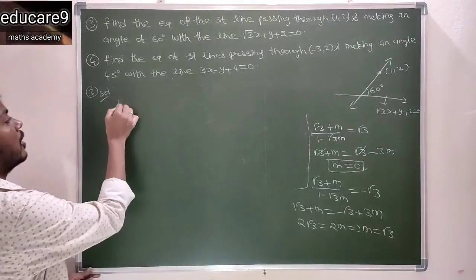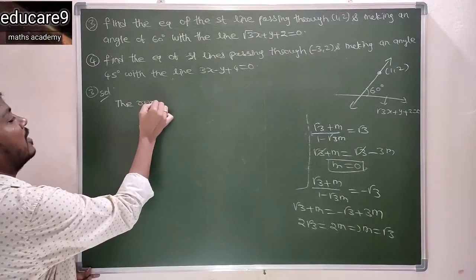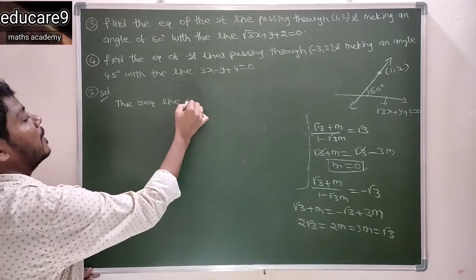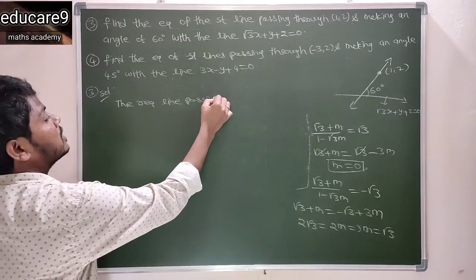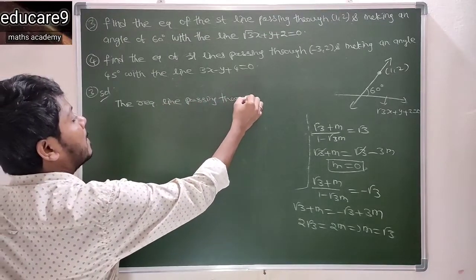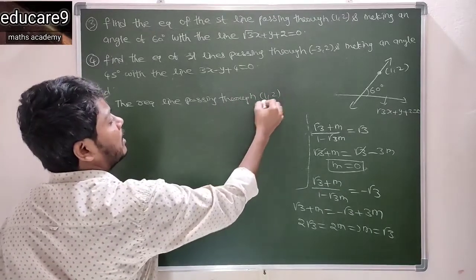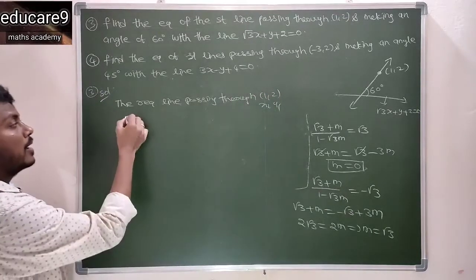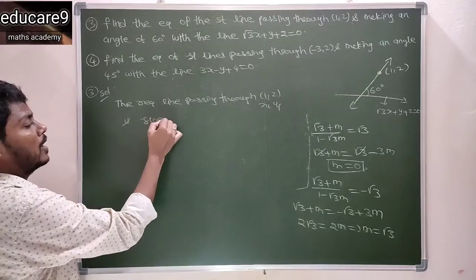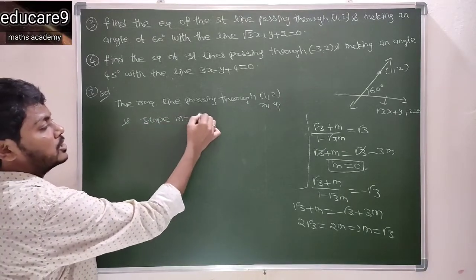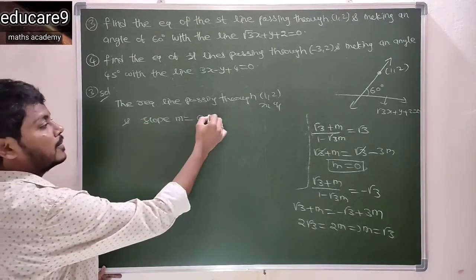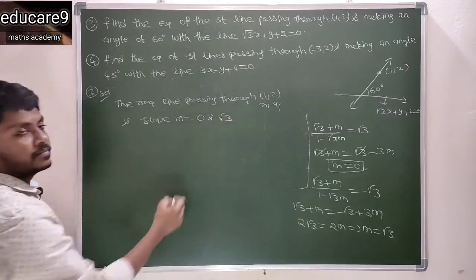So see here, therefore the required line passing through (1, 2), this is (x1, y1), and slope m is equal to 0 and root 3.